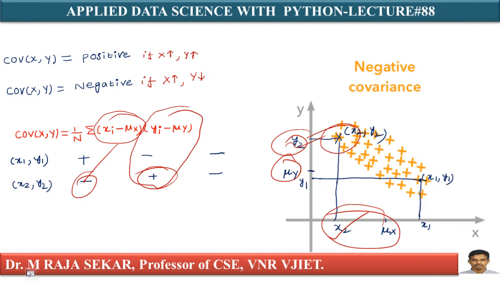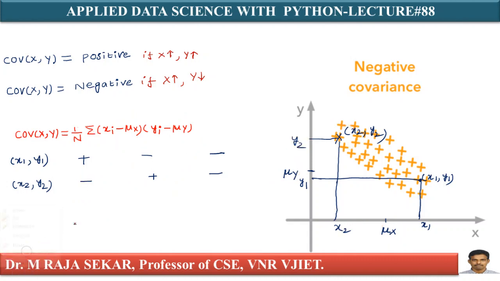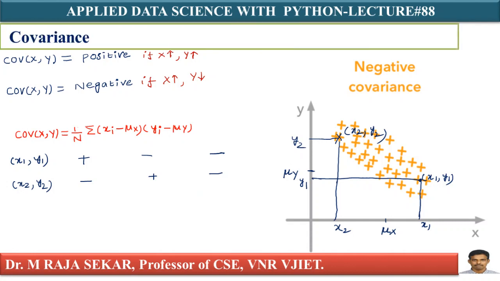Negative into positive always yields a negative result. In this case, you will get covariance between x and y. If you take the sum of all these products, you will get a negative quantity. I can say this is the geometrical explanation of covariance.